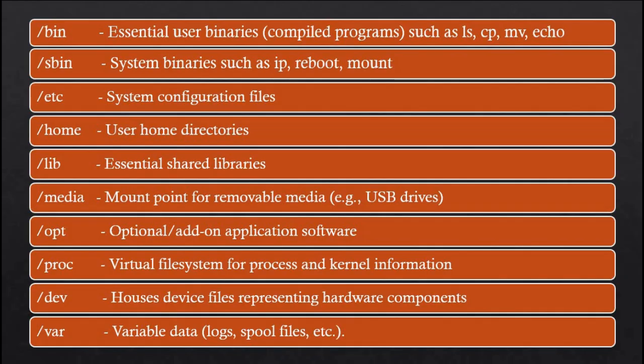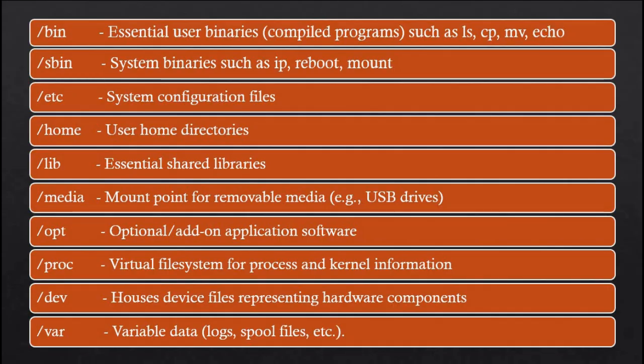For instance, if you installed Google Chrome, it might live in this directory. /proc, proc is a virtual directory for process and kernel information. /dev houses device files representing hardware components. /var, var stands for variable, and this is where variable data is located, things like logs that change frequently.